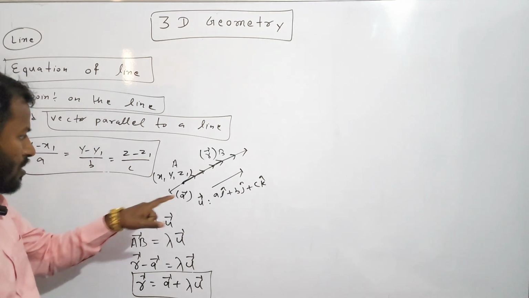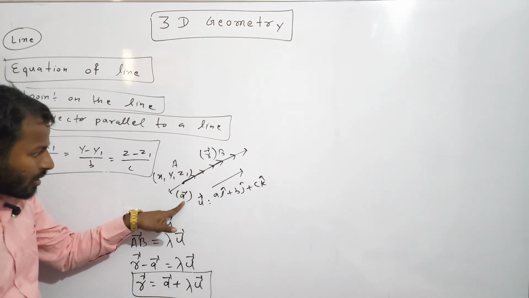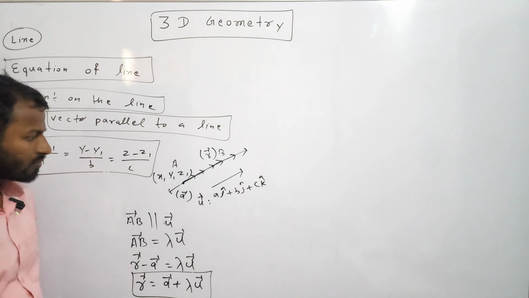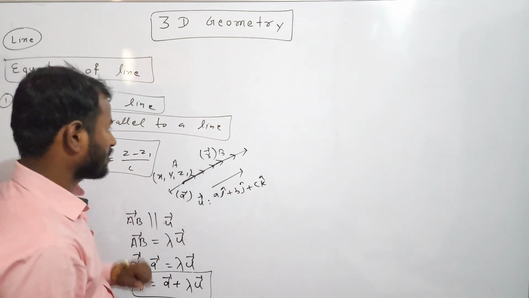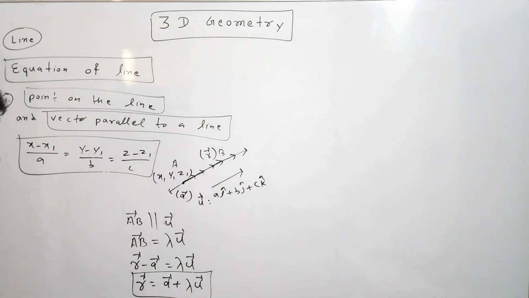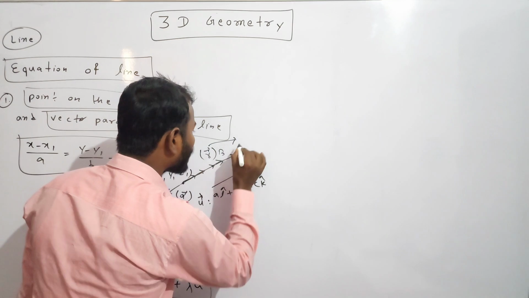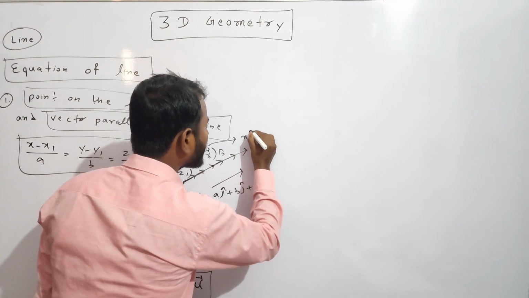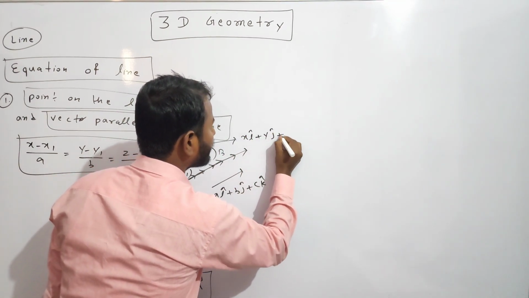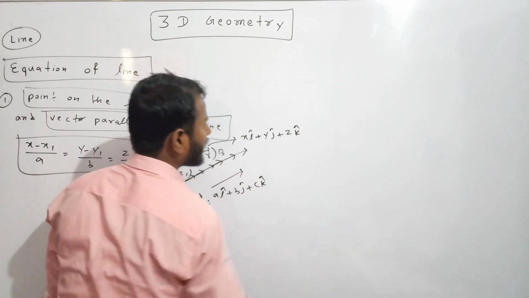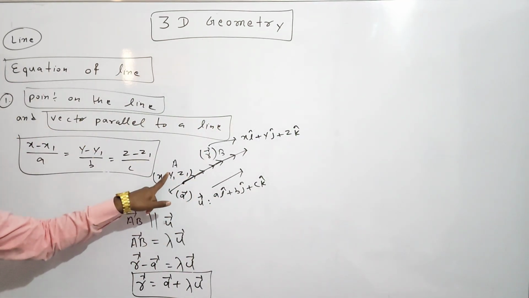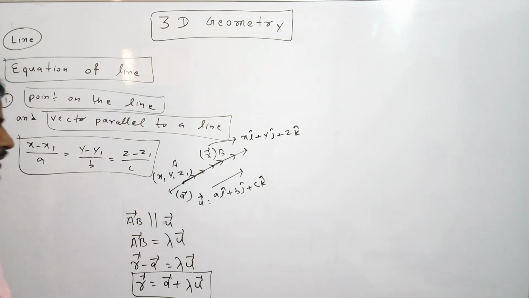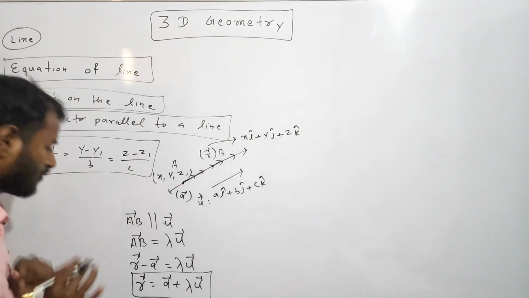Let's say this is vector A, with coordinates x1, y1, z1. This is R, the position vector R. For converting this equation into Cartesian form, you should take vector R equal to x i cap, y j cap, and z k cap. Vector A is equal to x1 i cap, y1 j cap, z1 k cap. Put these values in this equation.